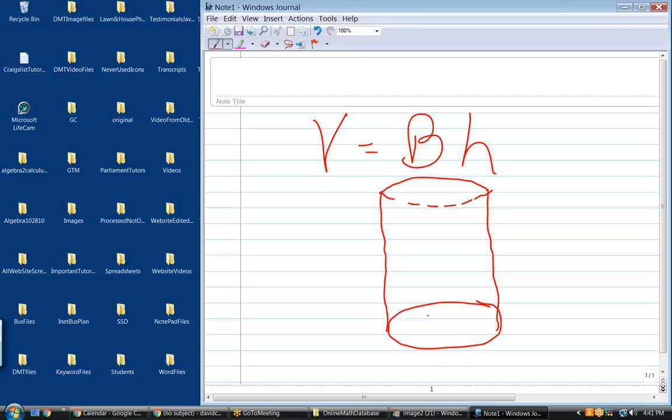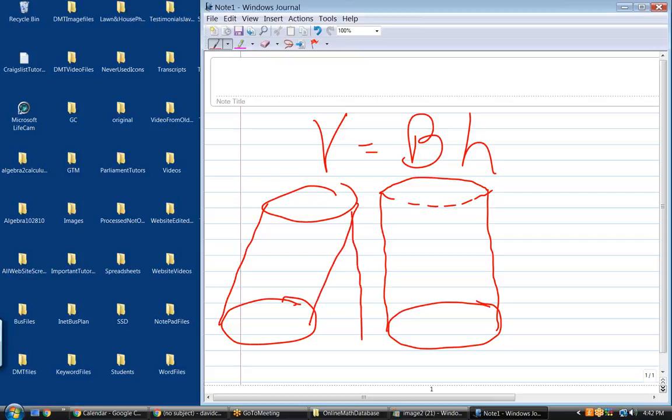Whenever you have a prism, the volume is equal to the area of one of the bases times its height. It's that simple. And it doesn't even have to be a right cylinder. If I had a cylinder that looked like this, as long as those two circles are equal, then it's whatever that vertical height is.